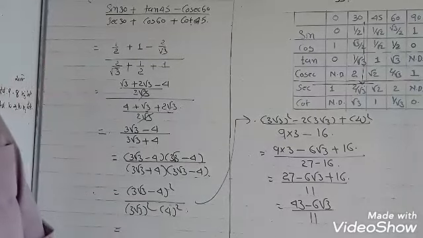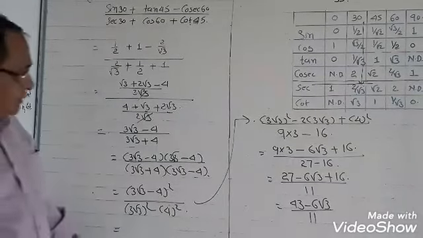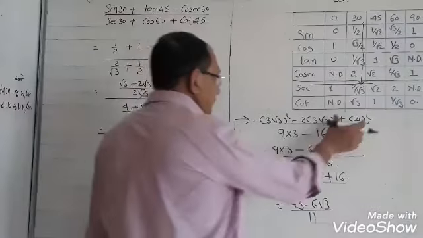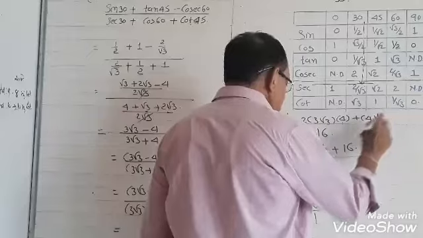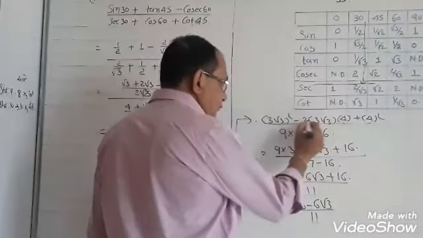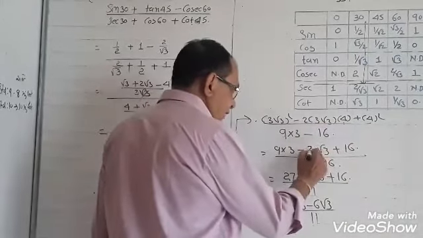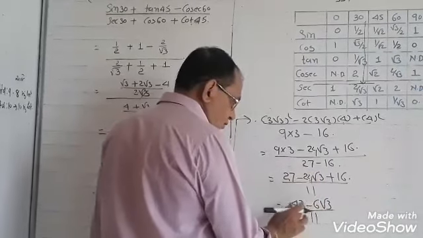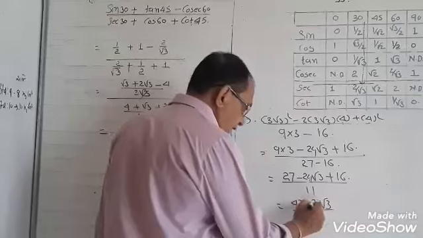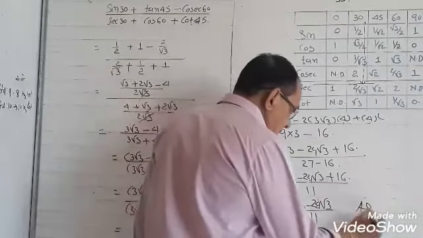Just a minute. Here we forgot to take this middle term. So 3 twos are 6, 6 fours are 24. That is your 24. So here 24 is your answer.